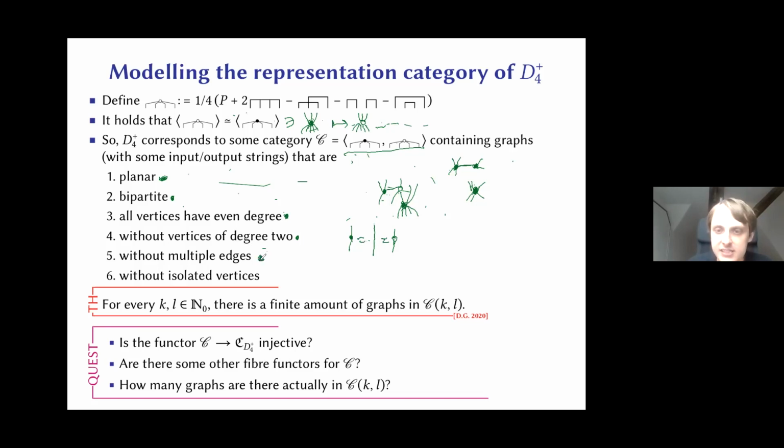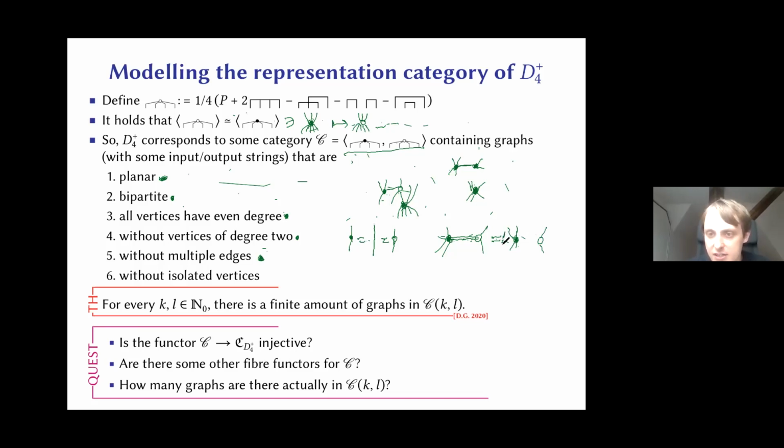There are no multiple edges. This is actually the most interesting thing. If I take a black point and a white point and connect them with a double edge, and here again there might be some strings going out from here, then you plug in the definition of the black and the white point and use the partition calculus to compute this, and you find out that this equals the same thing with the double edge removed.